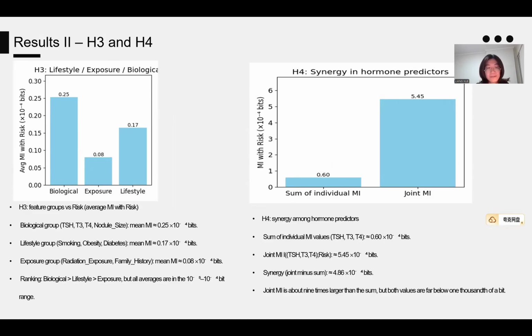But the averages remain in the 10 to the minus 5 to 10 to the minus 4 range. For H4, the combined MI is approximately 9 times the sum of the MI values for the individual hormones. The joint hormone pattern therefore shows positive synergy, although the total MI is still far below 1/1000th of a bit.